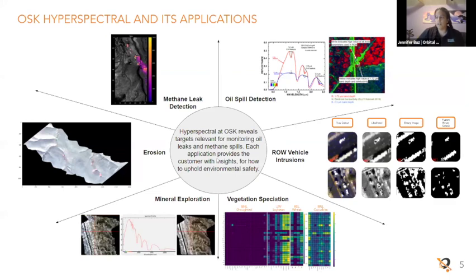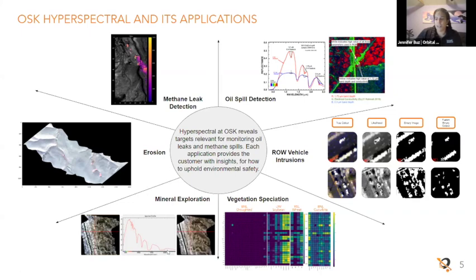So just a little bit more on hyperspectral data and its applications. Here's some of the things that are kind of big for us right now. We've got methane leak detection, oil spill detection in really remote areas. This is very important along the national pipelines that we've got. Landslides and erosion.